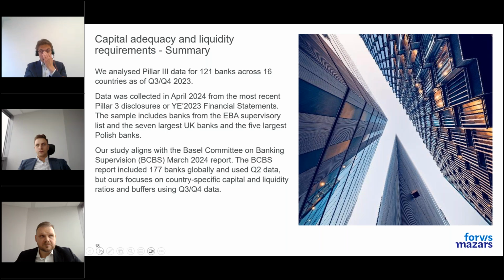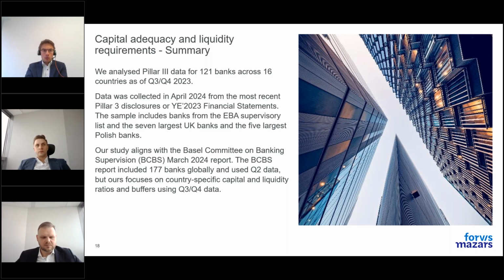Thank you. So as I mentioned at the beginning of this webinar, we have analyzed Pillar 3 data for 121 banks from 16 countries, and data was collected in April 2024 from the most recent Pillar 3 disclosures or year-end financial statements. So if data from Q4 was available, then we used them.